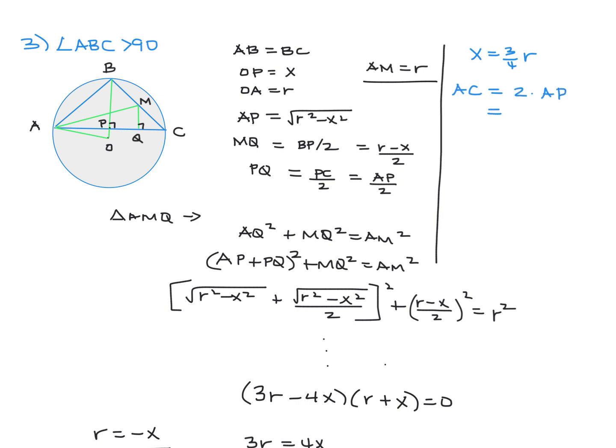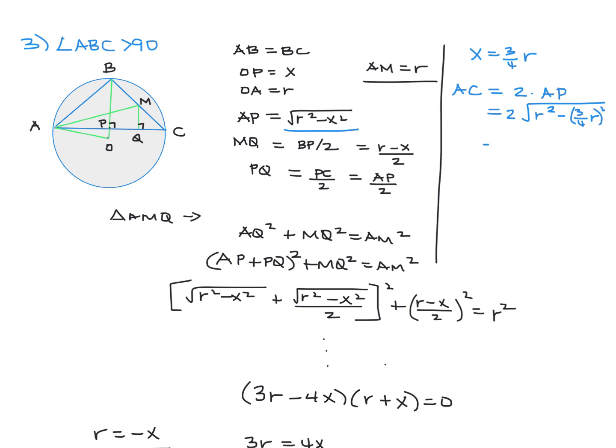And AP is this guy right here. So that's going to be 2 times the square root of R squared minus X squared. And X is 3 over 4 R, all squared. So that's going to be 9 over 16. So 1 minus 9 over 16 would be 7 over 16.